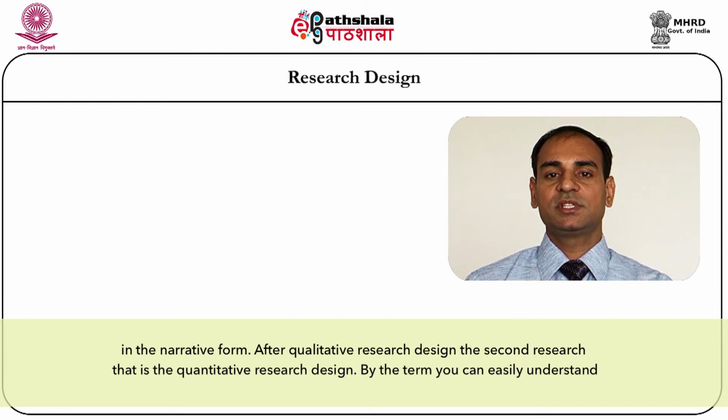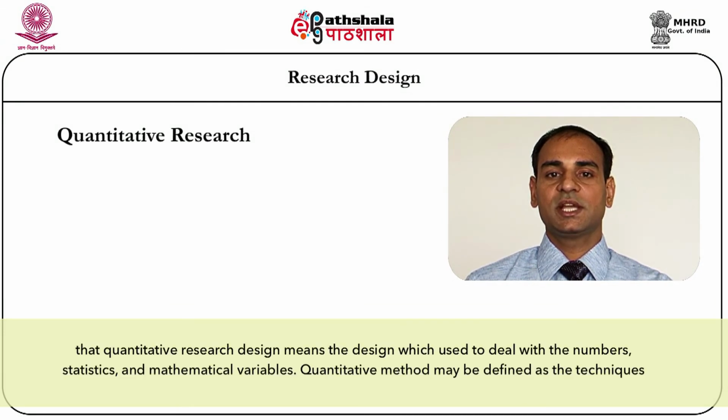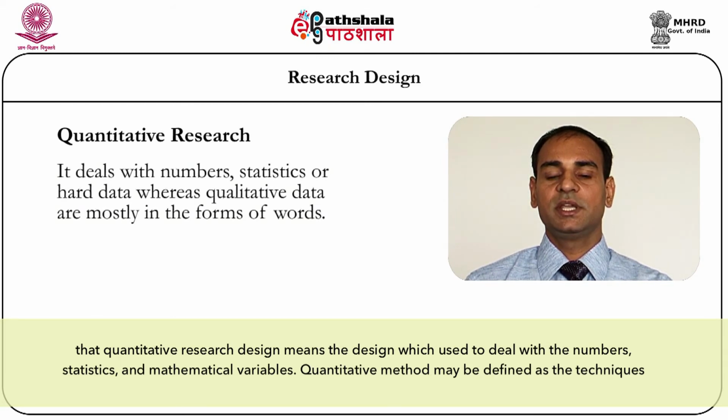After qualitative research design, the second is quantitative research design. By the term you can easily understand that quantitative research design means the design which is used to deal with numbers, statistics and mathematical variables.